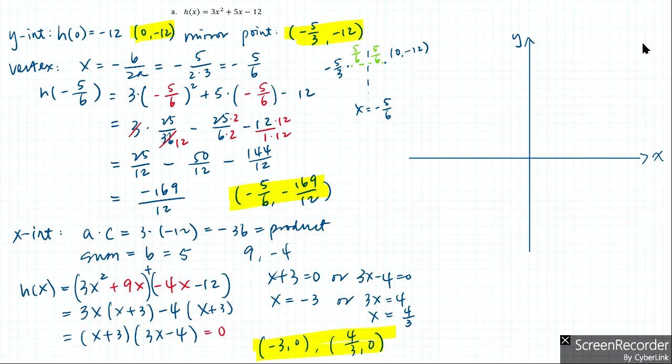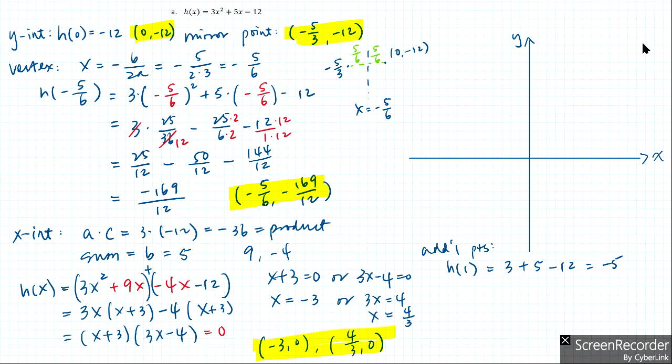So for additional points, I'm going to choose h of 1. If we just look at h of 1, these are just the coefficients we have. 3 times 1 is 3, plus 5 times 1 is 5, minus 12, which gives us -5. So I know the point (1, -5) is on the graph.